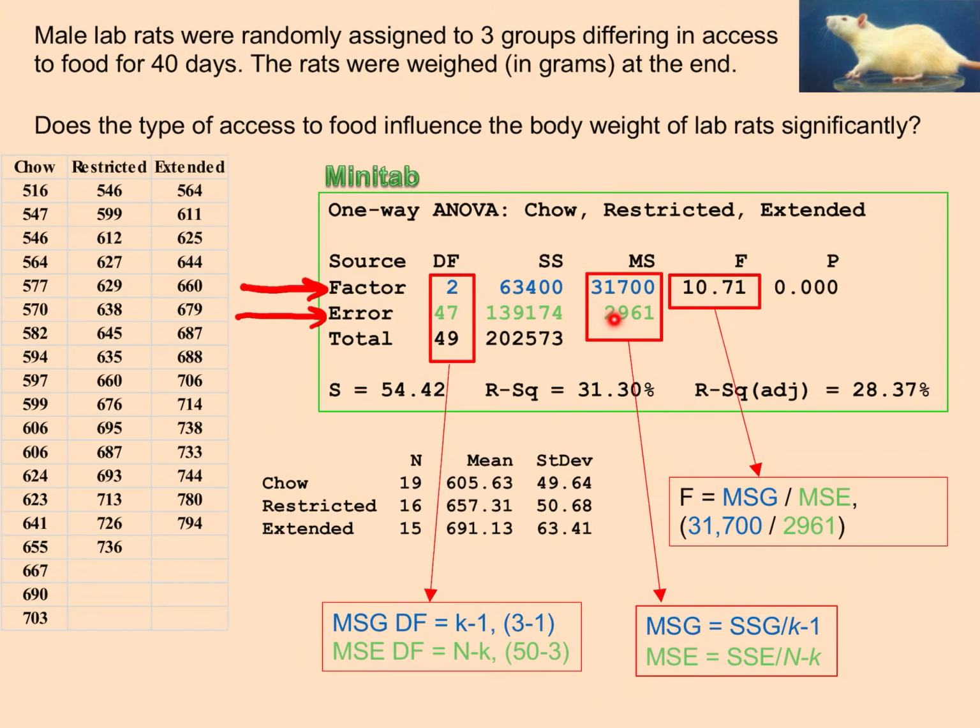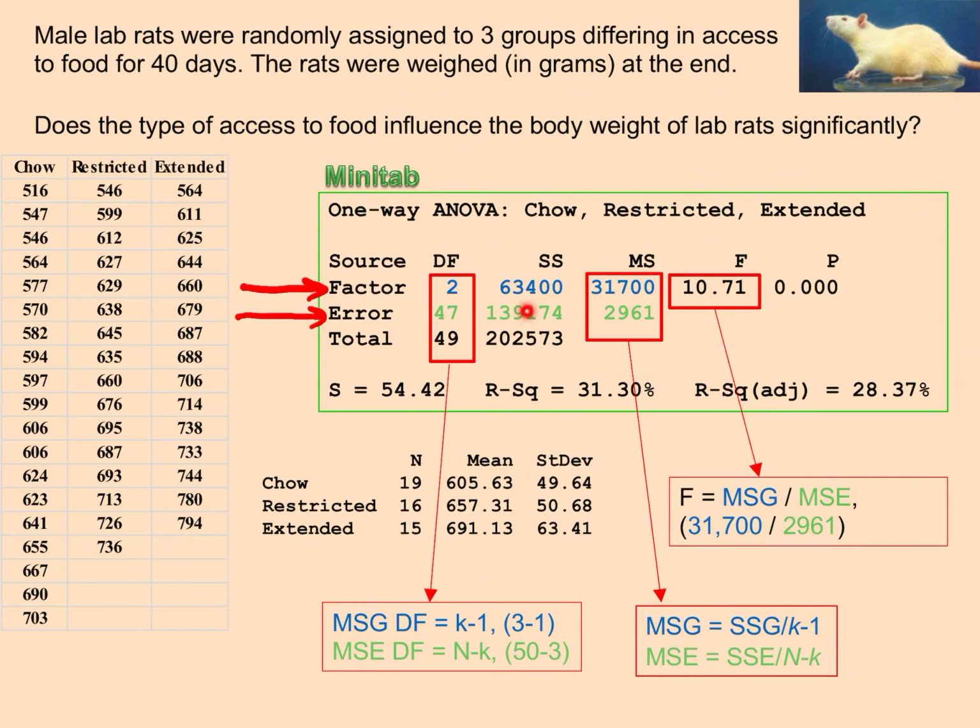That's what this is saying. All right. Mean square for error, 2961. Go down here, notice the green. Mean square for error is sum of squares for error divided by n minus k. So sum of squares for error divided by n minus k. 50 minus 3 is 47. Divide this by this, and you get 2961.